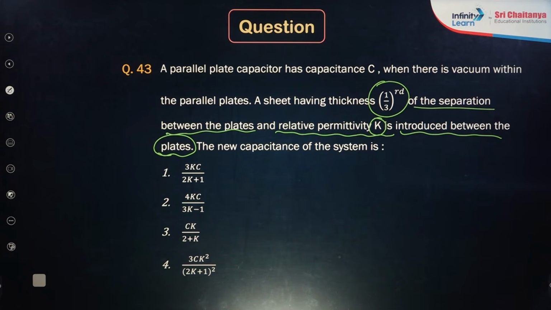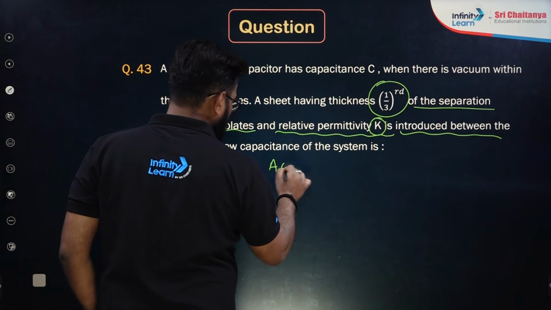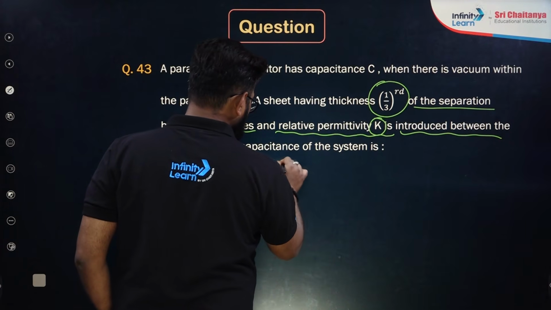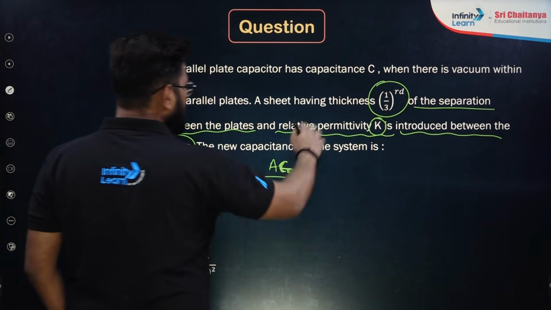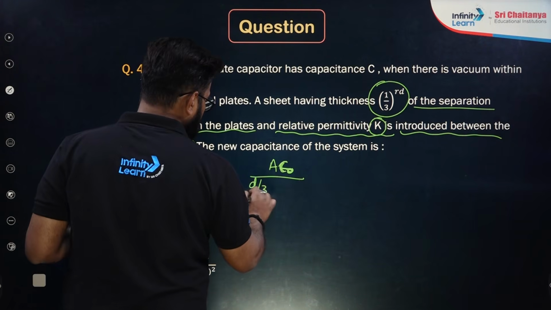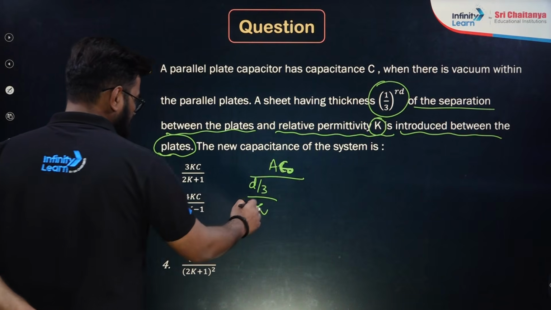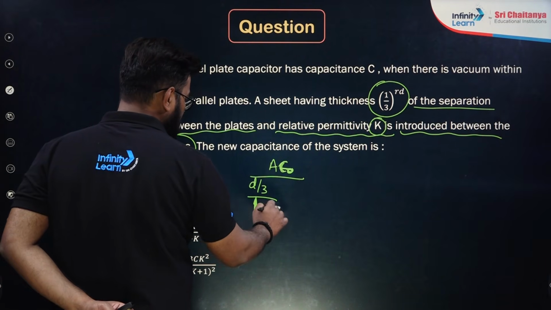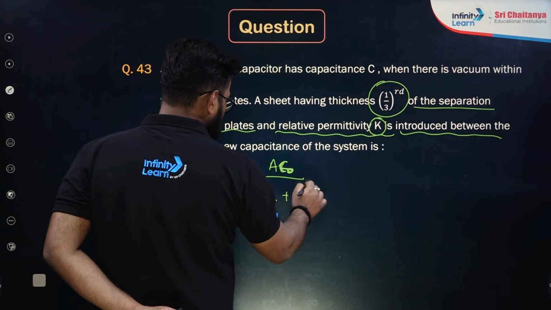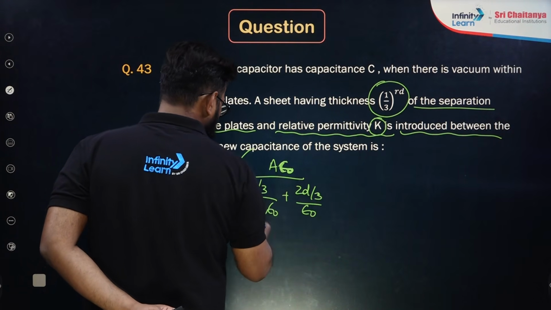So, simple, A epsilon naught whole divided by the distance 1/3 of the separation. That means if it is D, so D by 3 whole divided by relative permittivity K. Correct? Relative permittivity, that means K times epsilon naught, and further it is 2D by 3.